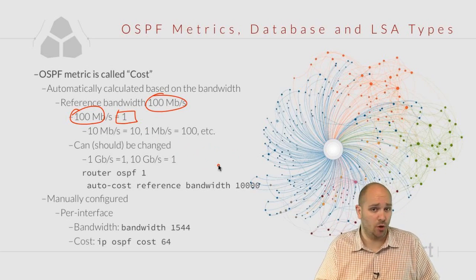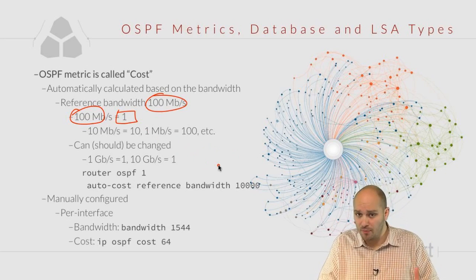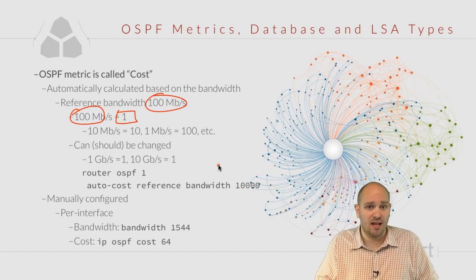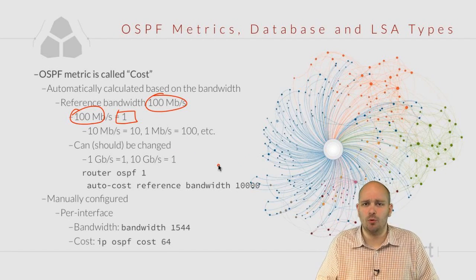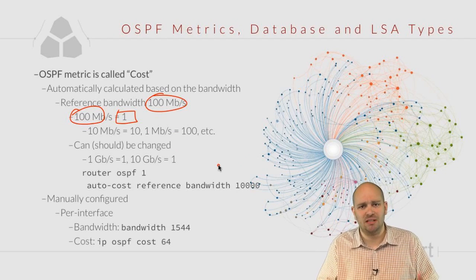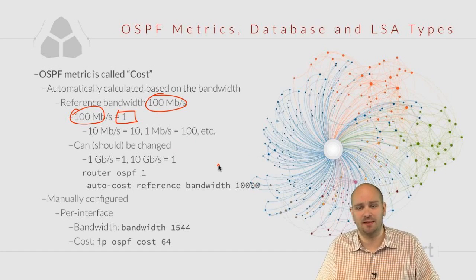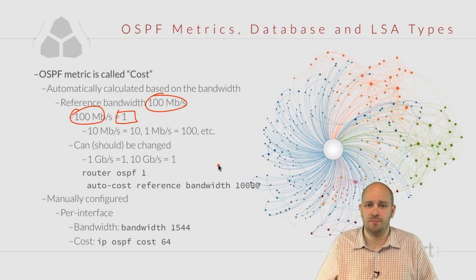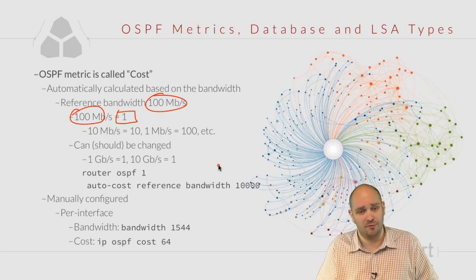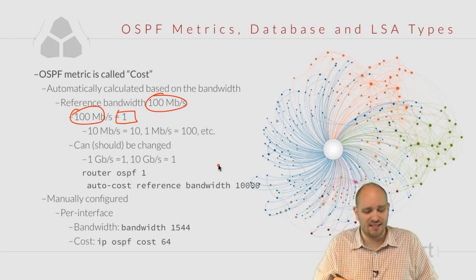This was fine when OSPF was originally designed, and remember, the RFC was written back in, I believe, 1998. But these days, when we are talking about multi-gigabit links, gigabit links, 10 gigabit, 40 gigabit and 100 gigabit links, using 100 megabits per second as the reference bandwidth does have some very interesting side effects.